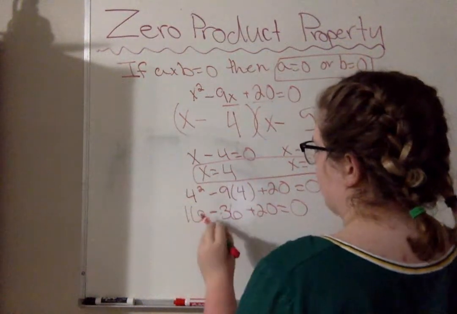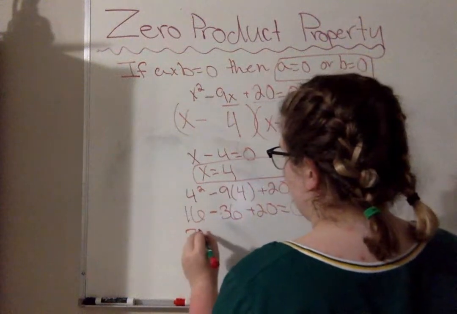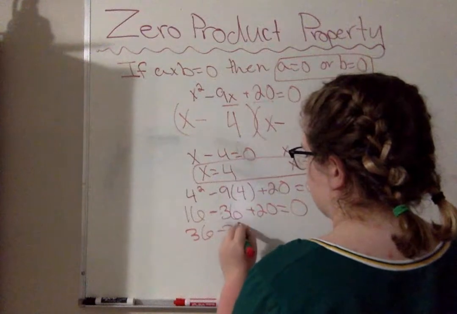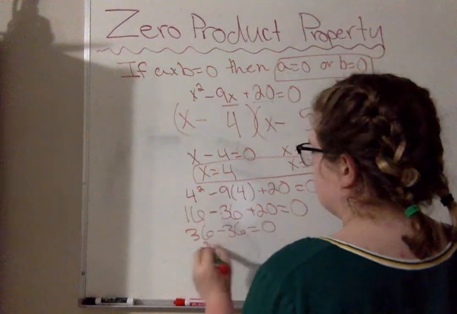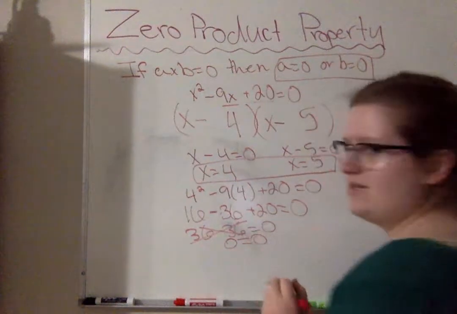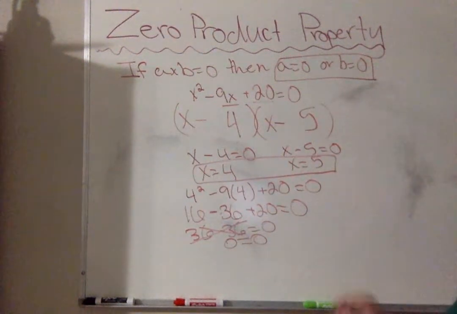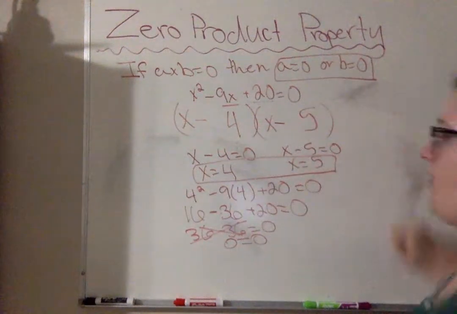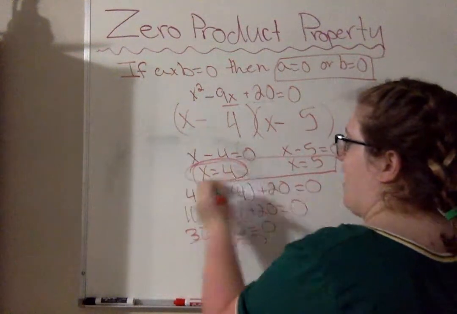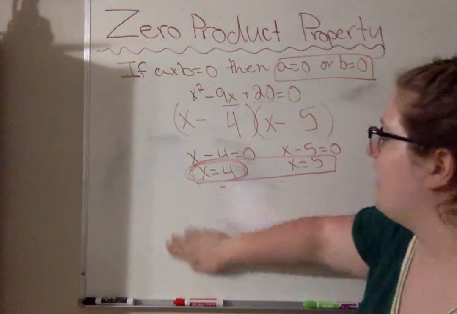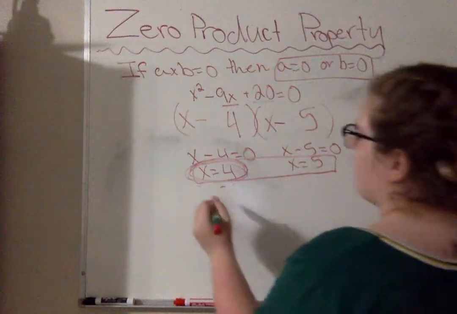Well, first we'll add 20 and 16 to get 36, and this will end up subtracted to be 36. So these are going to cross out and end up being 0 equals 0. So, now what we know is that 4 does work. It follows the zero product property, and it is correct.